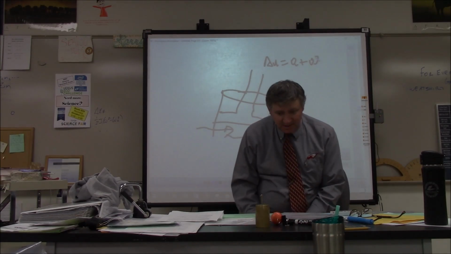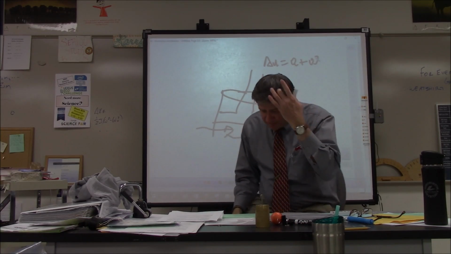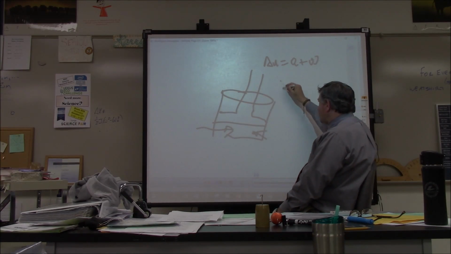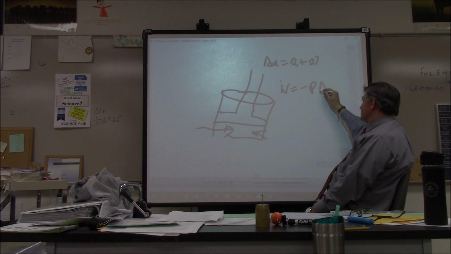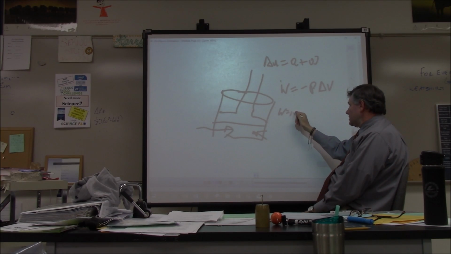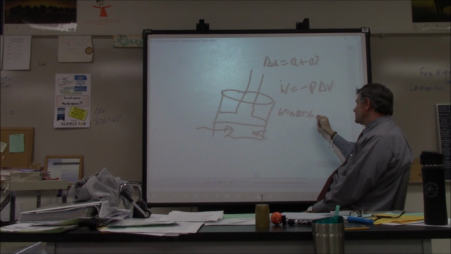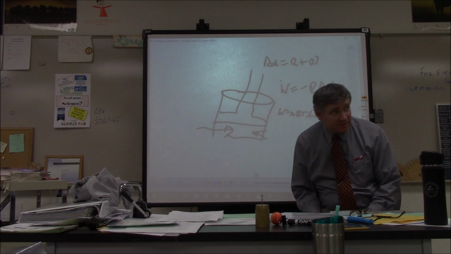So here on 16, you've got to find the work done by the gas. There are two ways to calculate work. One is negative P delta V, and the other one is nRT natural log VI over VF. Those are your two ways you can calculate.